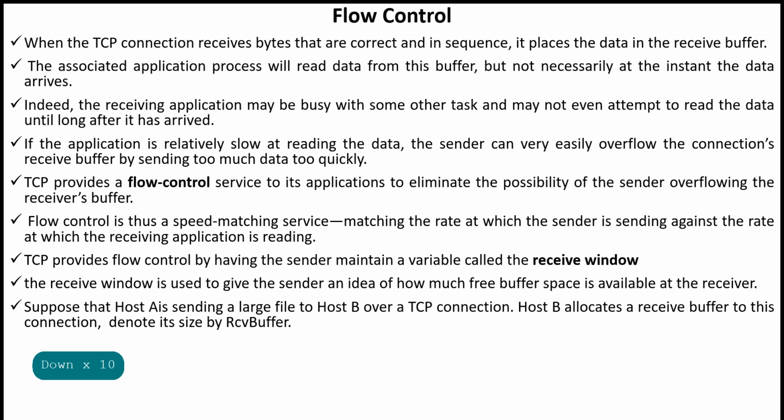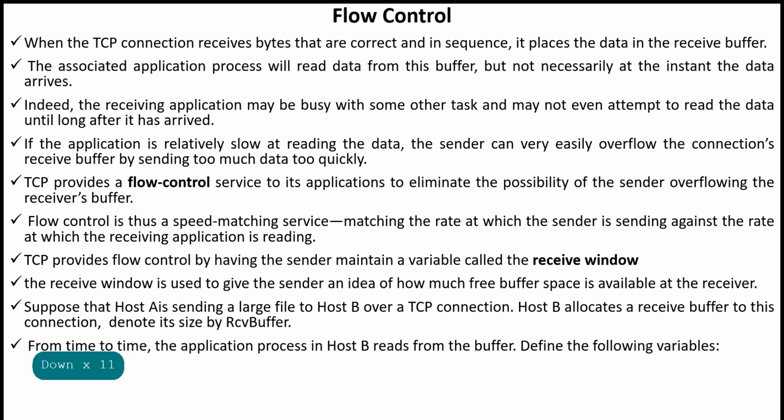Consider an example where host A is sending a large file to host B over a TCP connection. Host B allocates a receive buffer to this connection, denoted by its size, receive buffer. From time to time, the application process in host B reads from the buffer.